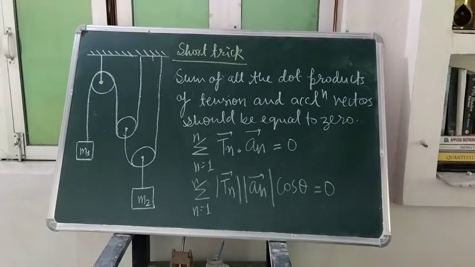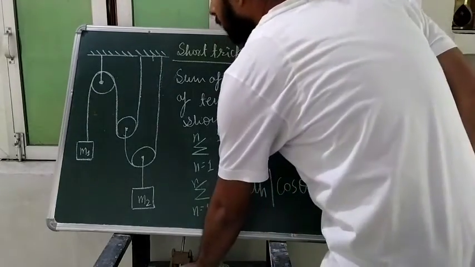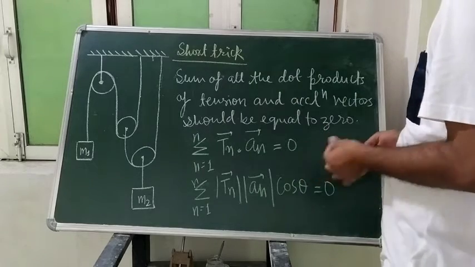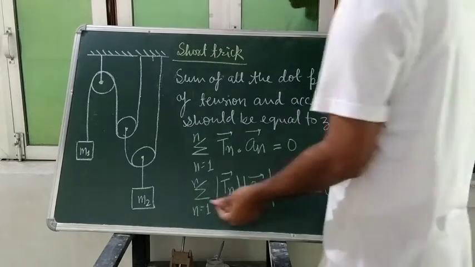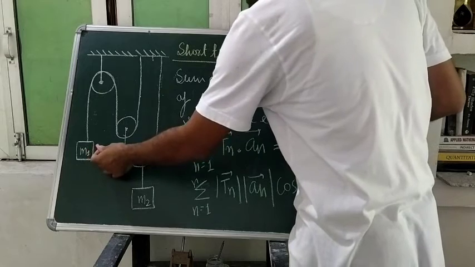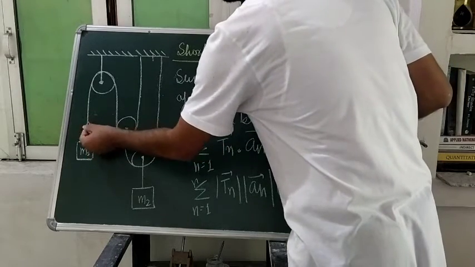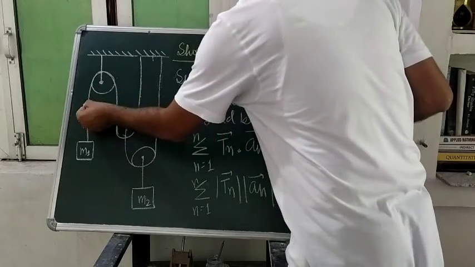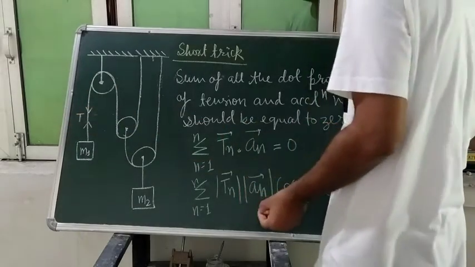So students, now that we know the short trick, we need the tensions. If we select the mass M1, the tension T is going to act upside, and for the object of interest, the pulley, it will be downside.